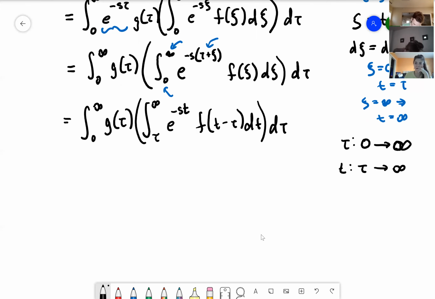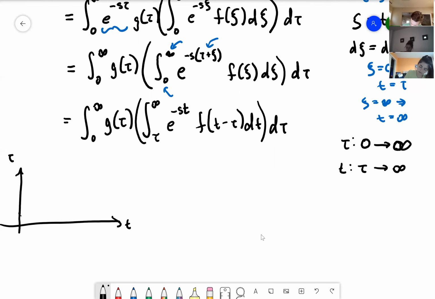So if we draw this as a picture to help incorporate our spatial reasoning, take a little bit of the stress off of our logical reasoning. We draw this axis as tau and this axis as t.